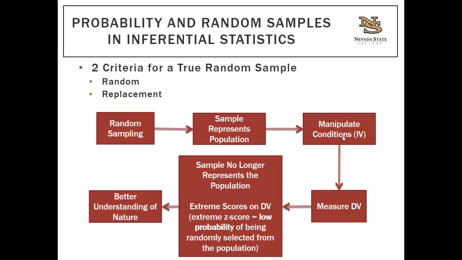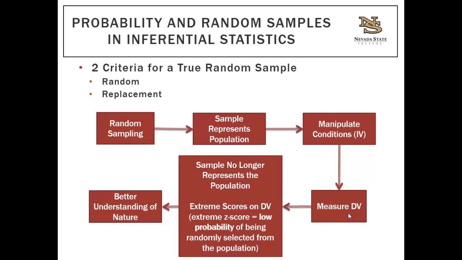So let's say we're doing the most basic type of study where we are comparing a sample to the population, and let's say that we know the pain level of the population. We give these people this new experimental drug. So that would be the manipulated condition. We give them this drug, and then we measure their pain after they've been on the drug.